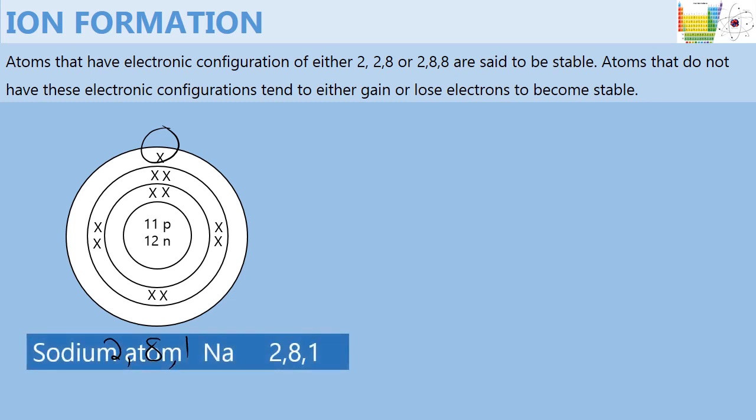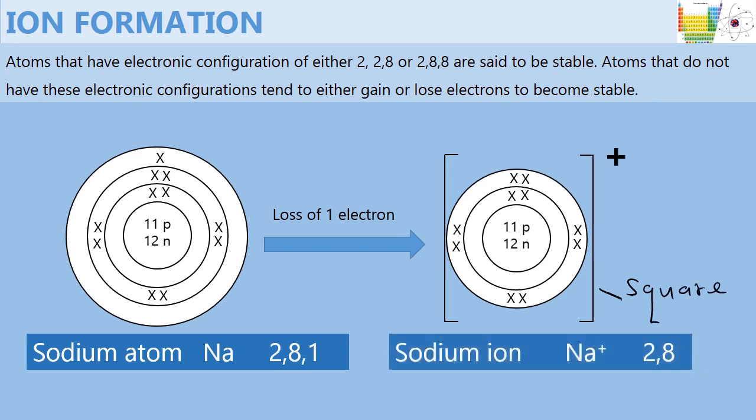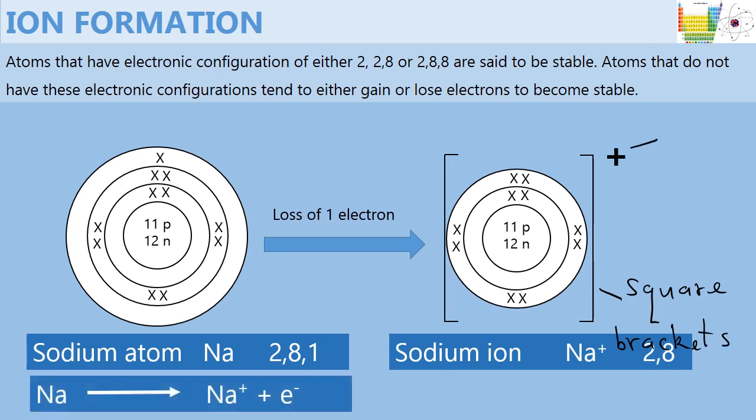So once it loses an electron, it will form what we call sodium ion, and we write sodium ion like this. You need to include the square brackets. And also this one is known as the charge.